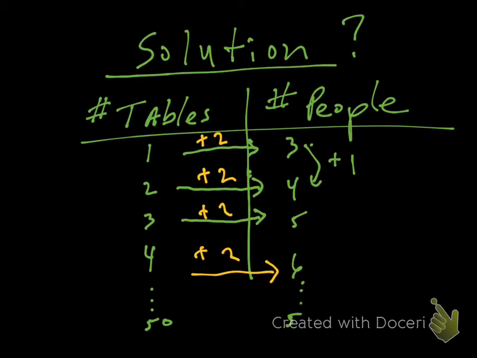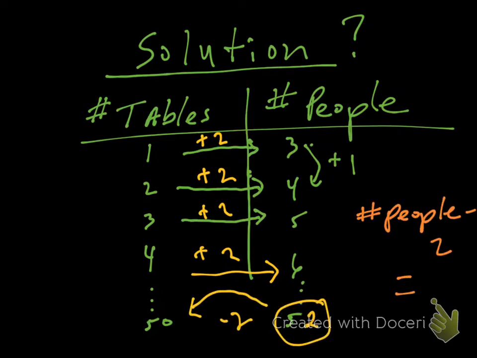So how do we then develop a formula? If you have a number of people, say we start out with this 52 that's circled, and you take away 2, since you were adding 2 before, that actually gives you the number of tables you need.